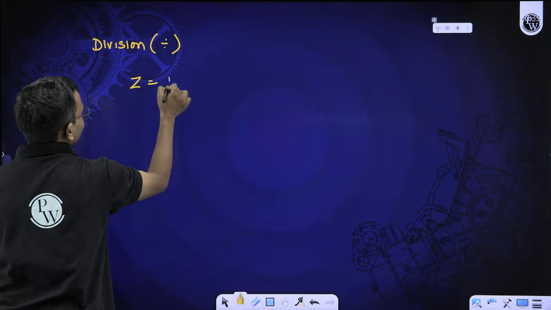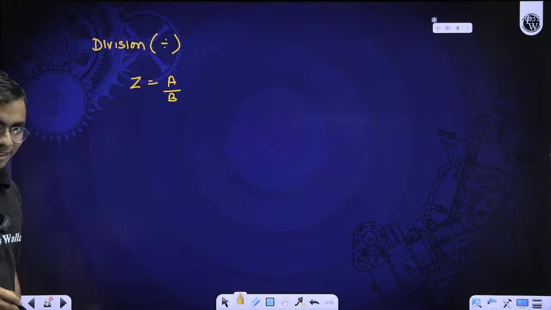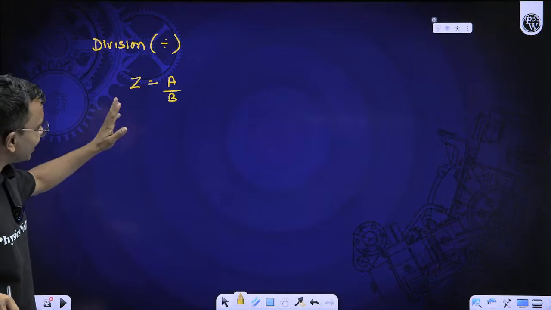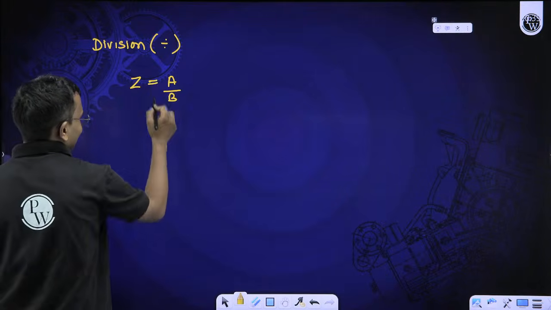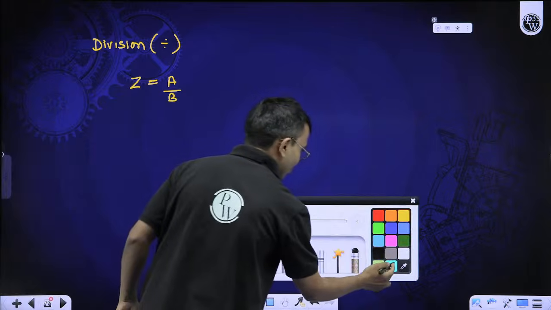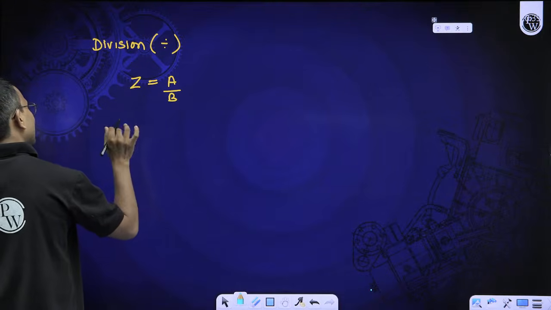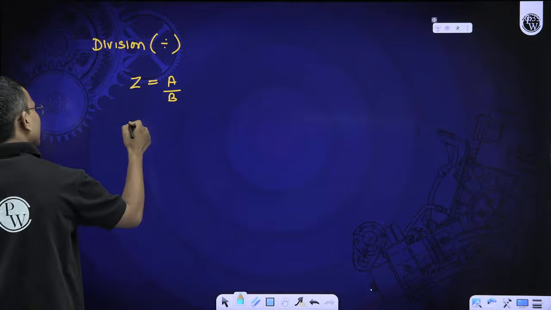z depends upon a and b as a by b. Now you differentiate it. Differentiating directly will be a bit difficult because 1 by b will become minus 1 by b square, and accordingly you have to do it. We'll take some more steps. Instead of differentiating directly, let us take log and then differentiate.